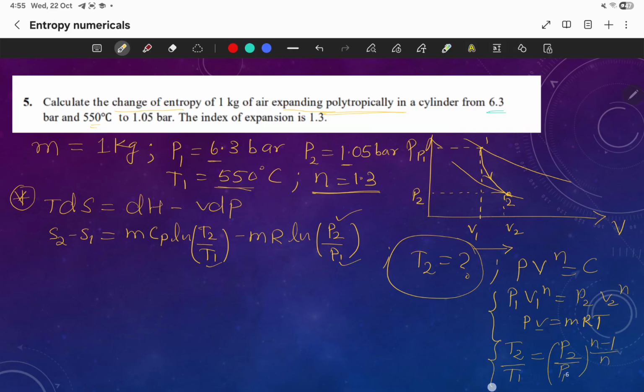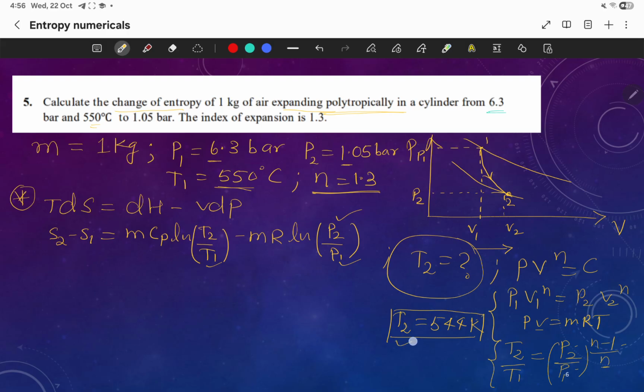Now if you put in all the values P1, P2, n minus 1 and n, right? So what will you get? Now this is the tricky part. Just take your calculator, guys, and put in these values. Then you will get T2 as 544 Kelvin.